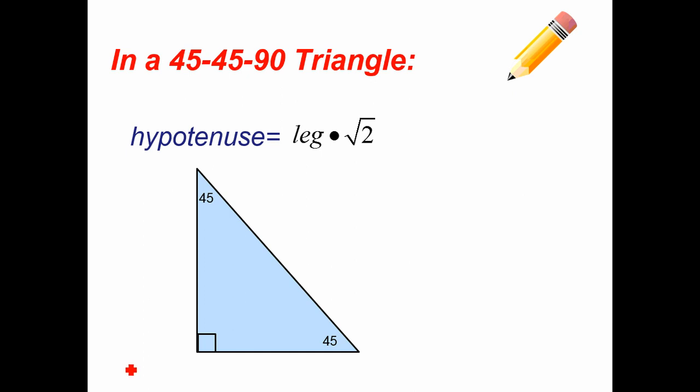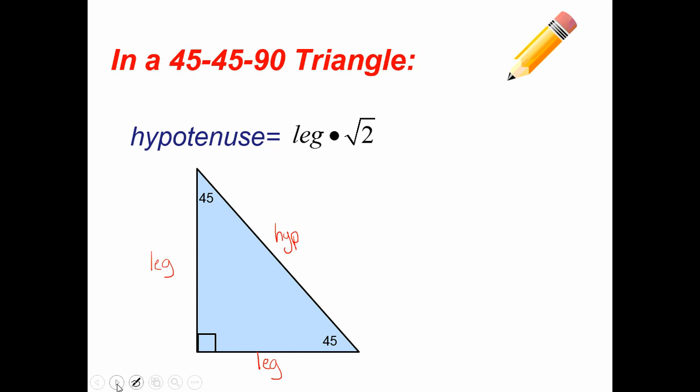So please make sure you get that part in your notes, and then let's go ahead one more time and draw a picture of a 45, 45, 90-degree triangle in there. And remember that these two are the legs, and the hypotenuse would equal whatever that leg is times the square root of 2.